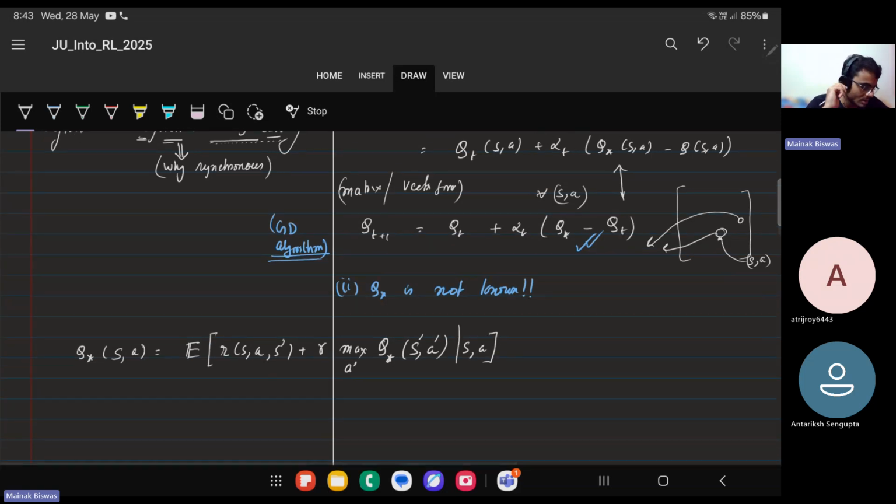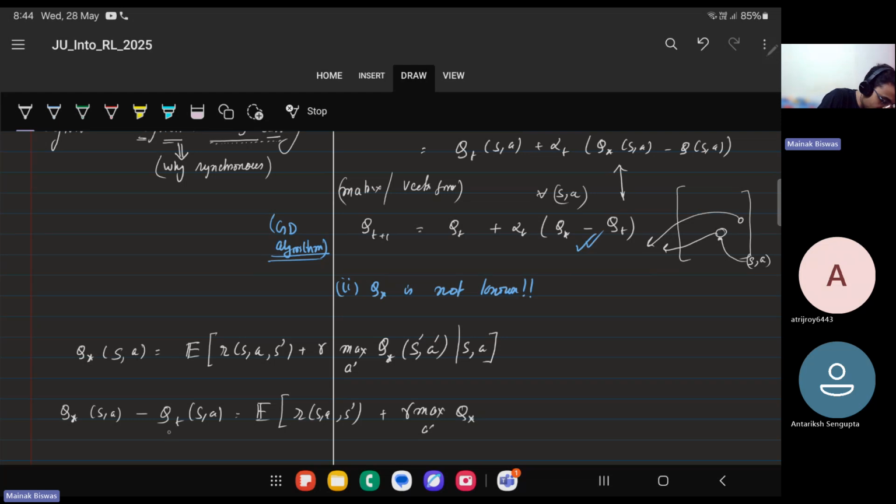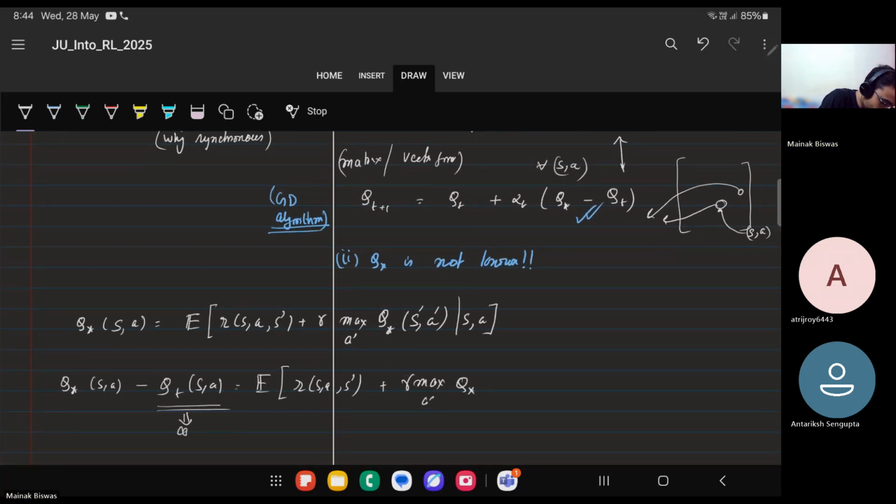Now if this is known to us, I will say q star of s comma a minus qt of s comma a can be written as the expected value of reward of s, a, s dash plus gamma times max over A dash of Q star of s dash comma a dash minus qt of s comma a. So this is a constant, right? This is not in the expectation. S and A are both known. Yes, Dada, because it is a constant.